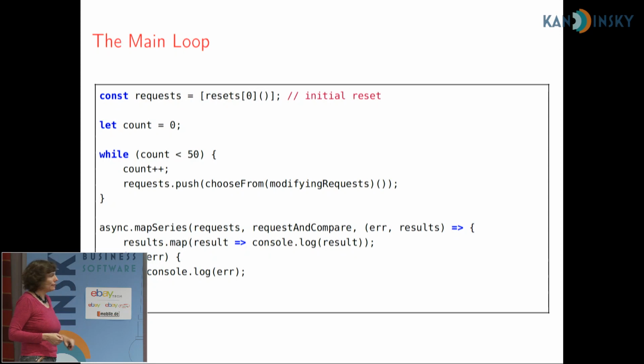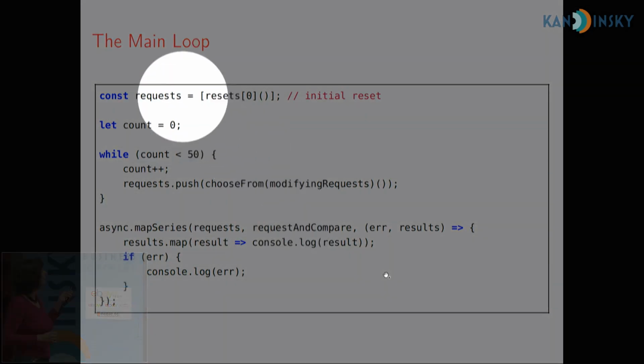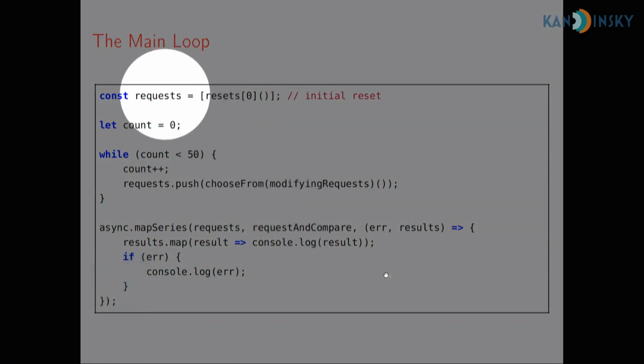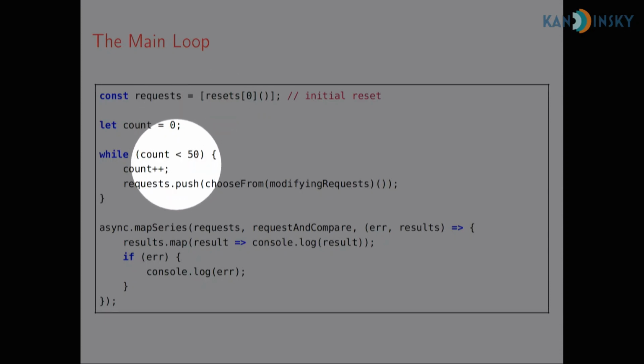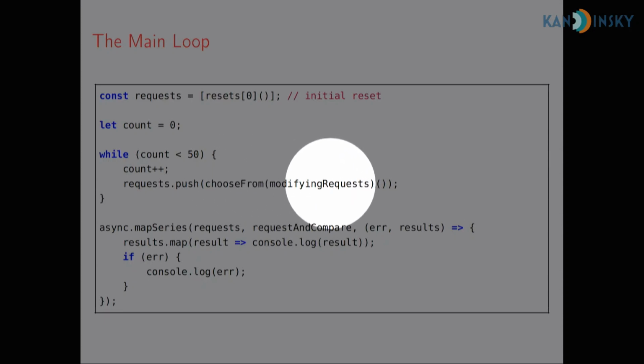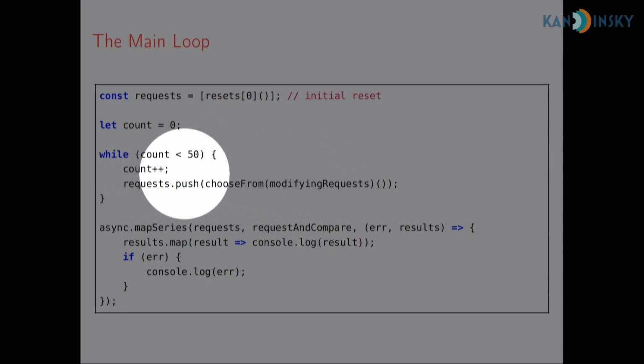So this is how I implemented this, also in Node.js, like I said. First of all, we need to capture the requests we want to run against the server and the functional essence. So here we start out with the resets. And then we say, okay, let's pick 50 requests. And here I choose from the modifying requests and add these to this array.